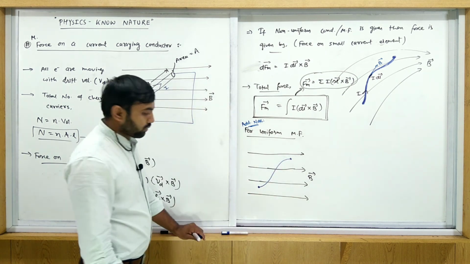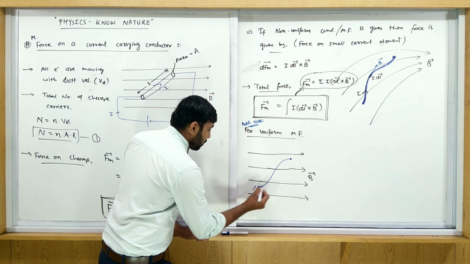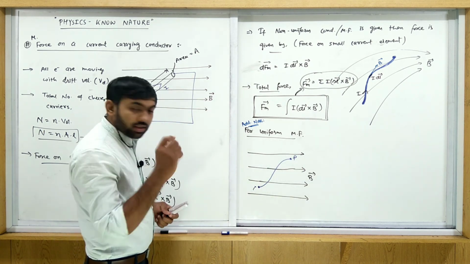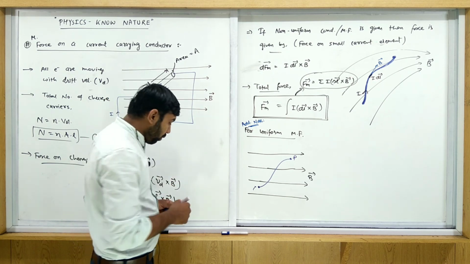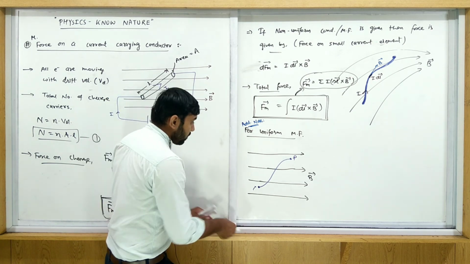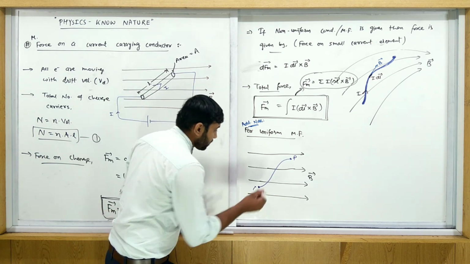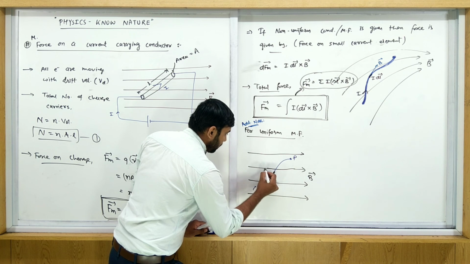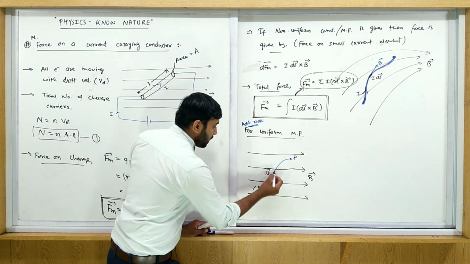See, it is non-uniform, suppose. Consider that this is the initial point and that is the final point. Here you take small components. Here we consider the small length dl.